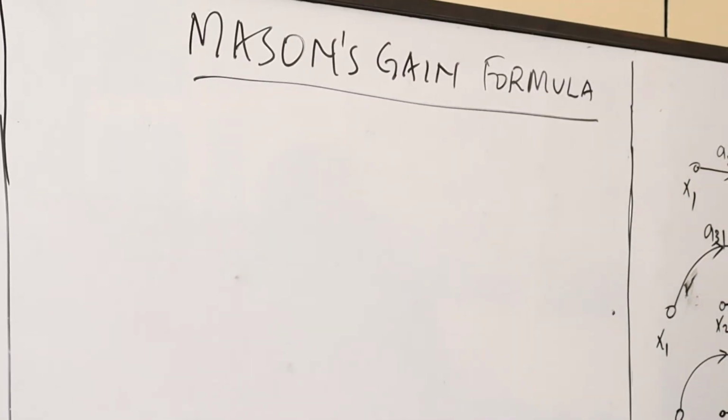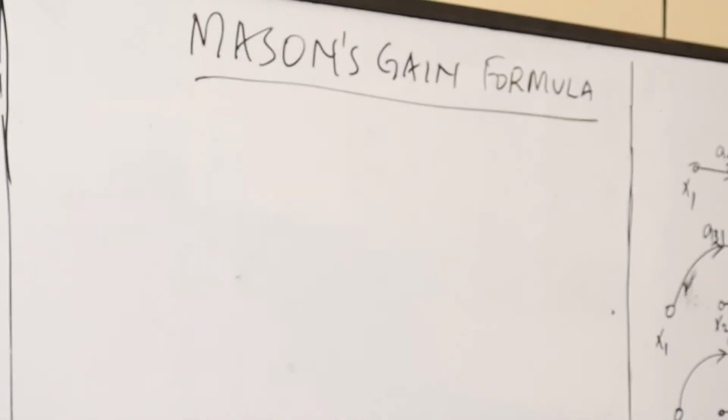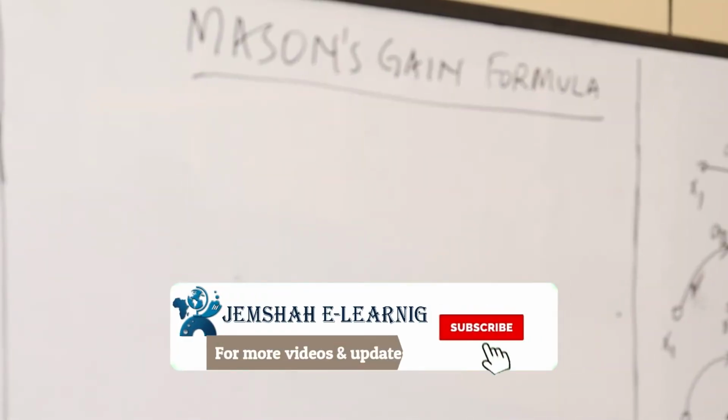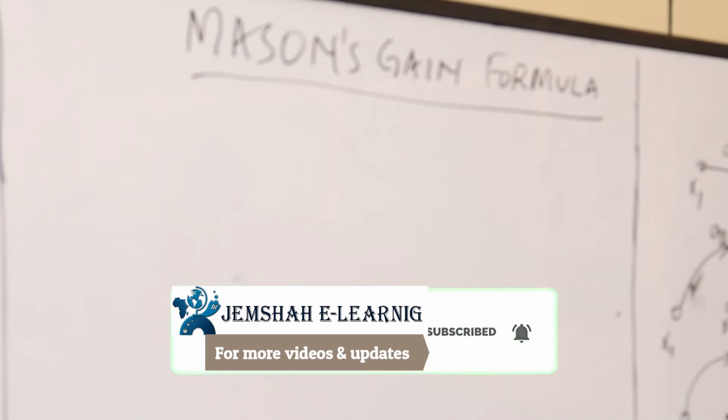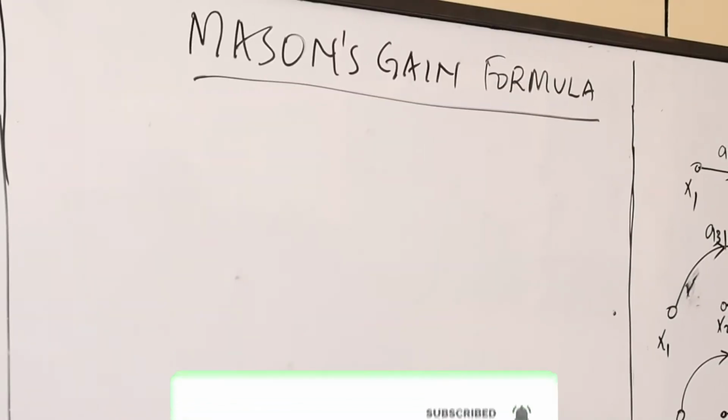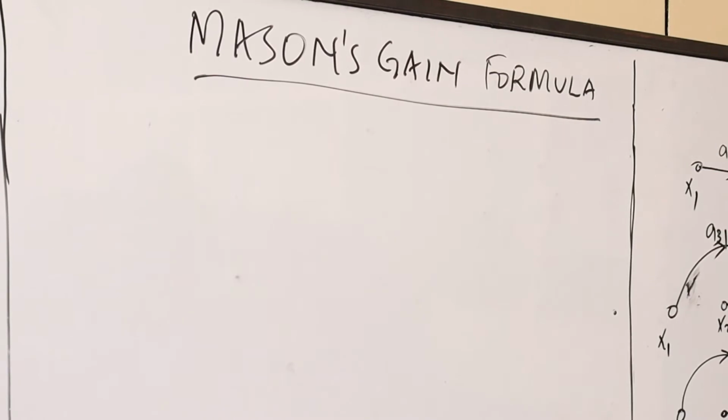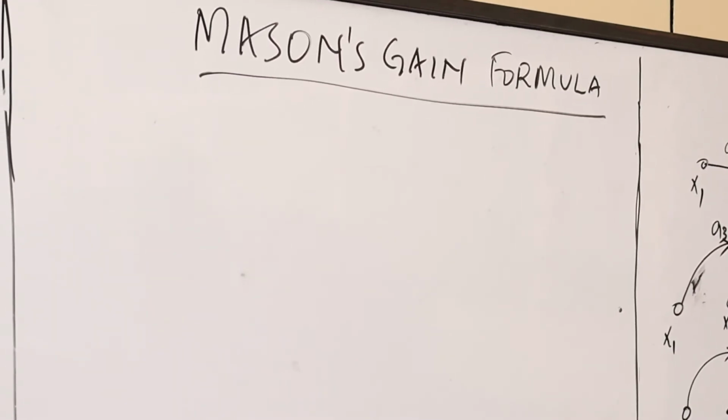The Mason's gain formula is always used in order to reduce the complicated block diagram to a signal flow graph and then obtain the Mason's gain rule. When you talk of the Mason's gain rule, we are simply getting the control ratio.